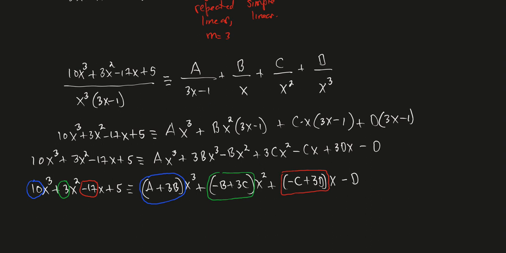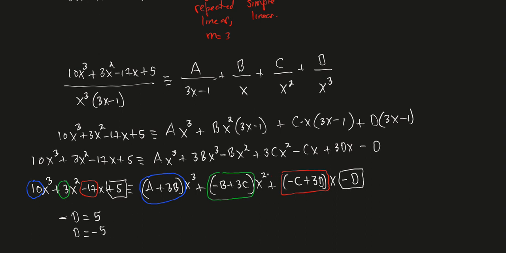And then this is the really helpful part. Since there's only one constant term here, negative d is going to be equal to a positive 5, right? So if we start with that, we automatically know what d is. So let's write that down. So negative d is equal to 5. So therefore d is negative 5.